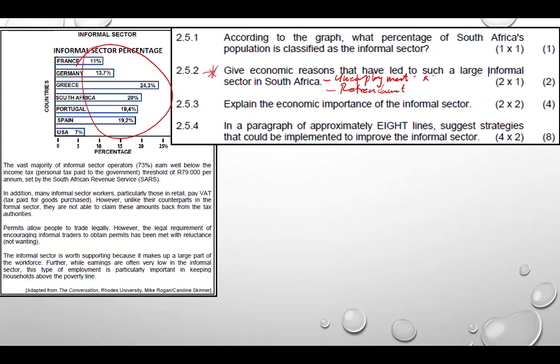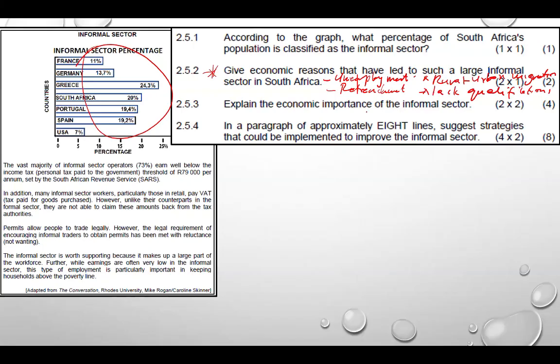Number three is because of high level of rural urban migration. And then lack of qualifications. These are some of the factors that will lead to a high involvement in informal sector.